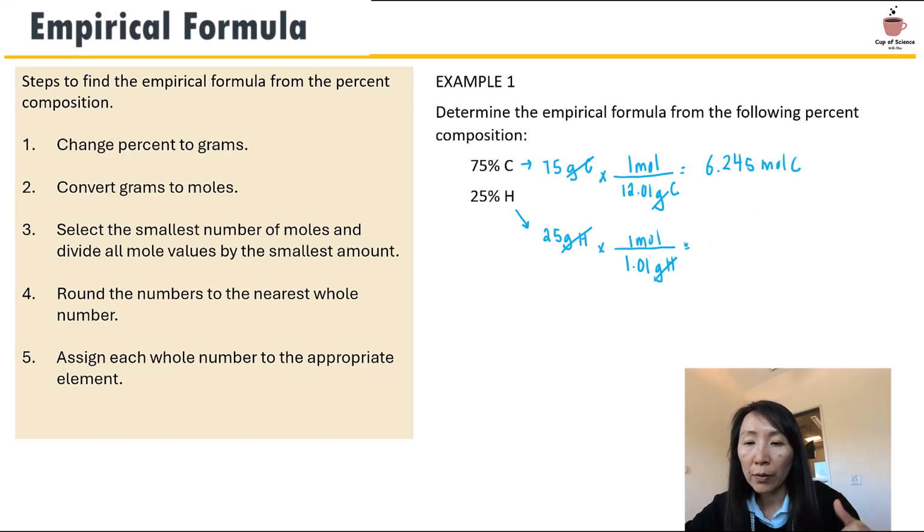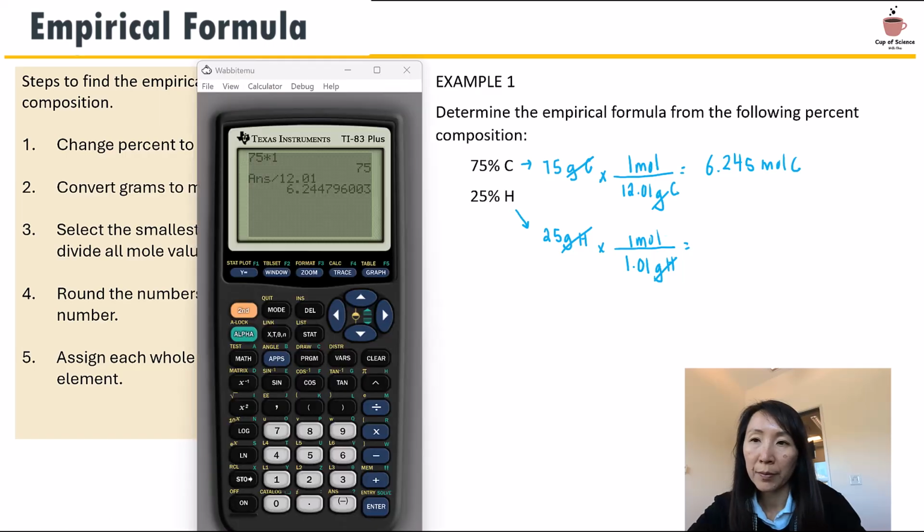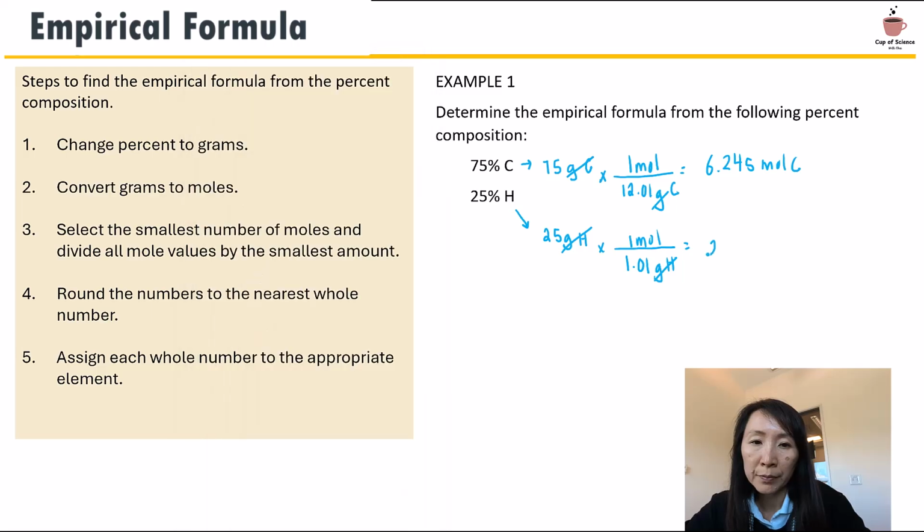Let's keep going for hydrogen as well. That's 25 divided by 1.01, which is 24.75 moles of hydrogen.